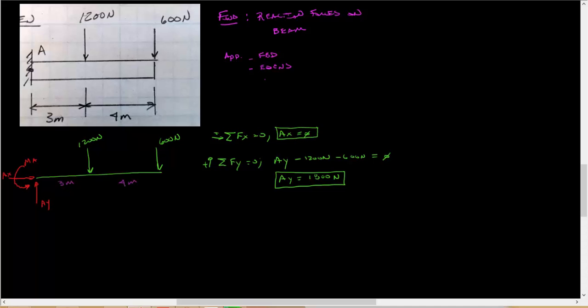And the last thing I need to do is solve for my moment about point A. If I sum my moment about point A, I still have to account for this moment here. So the sum of moments about A is equal to 0. I'm saying moment about A is positive. Now 1200 newtons is acting in a clockwise fashion, and so is 600 newtons.